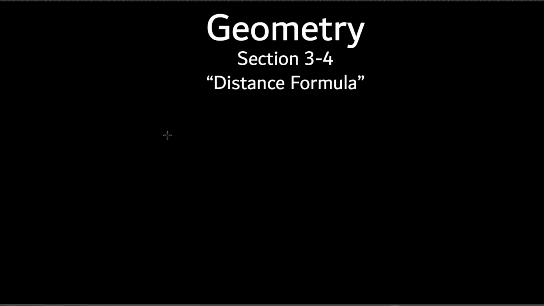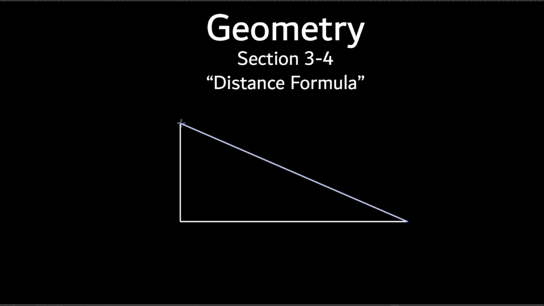So what I'm going to do is draw a triangle, but it's a specific type of triangle. We've already talked about several different types of triangles, so you should know what kind of triangle this is.